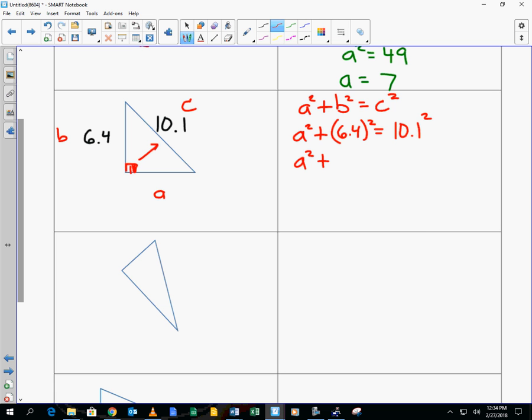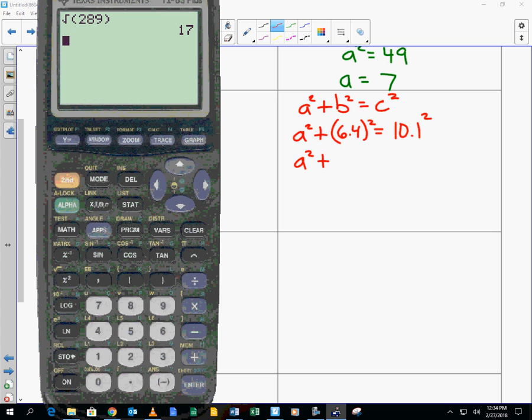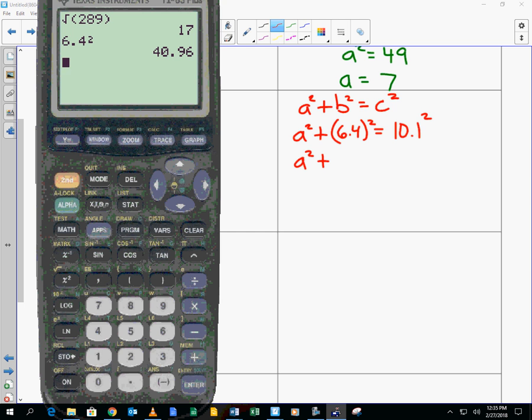I don't know what 6.4 squared is, so I'm going to go to my calculator and type it in. I'm guessing it's around 40, but who knows? 6.4 squared, 40.96. Is everybody okay with that? 40.96.